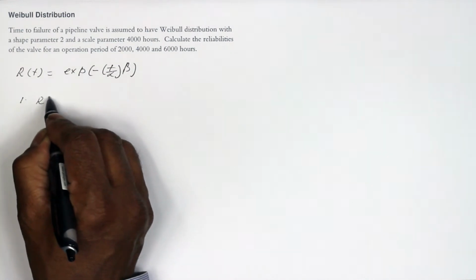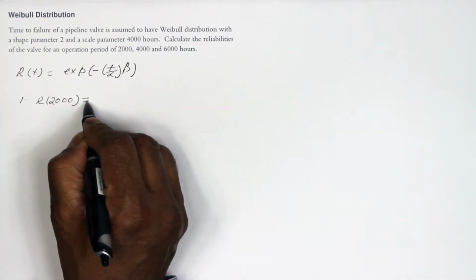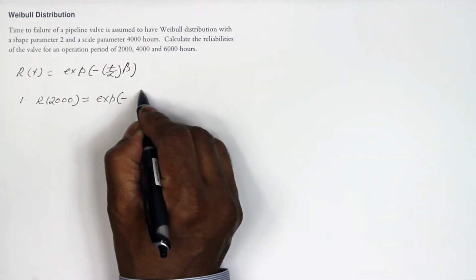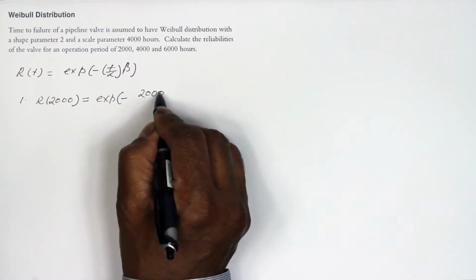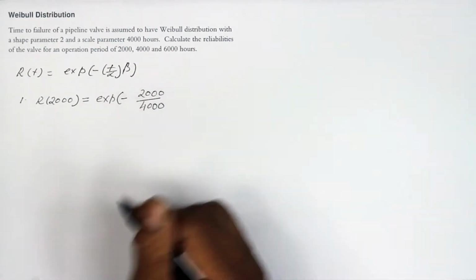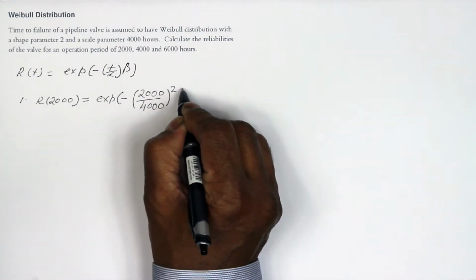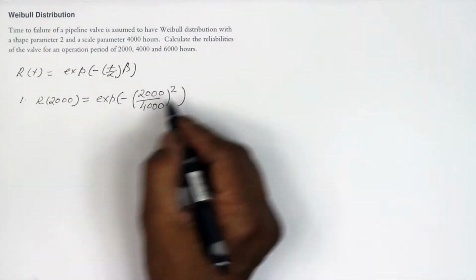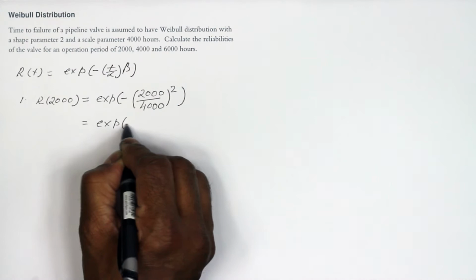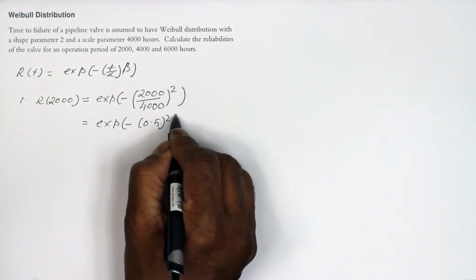So R for a period of 2000 hours becomes exponent of minus t, which is 2000, divided by alpha, which is 4000 hours, raised to the power beta, the shape parameter of 2. This gives 0.5 raised to the power of 2.